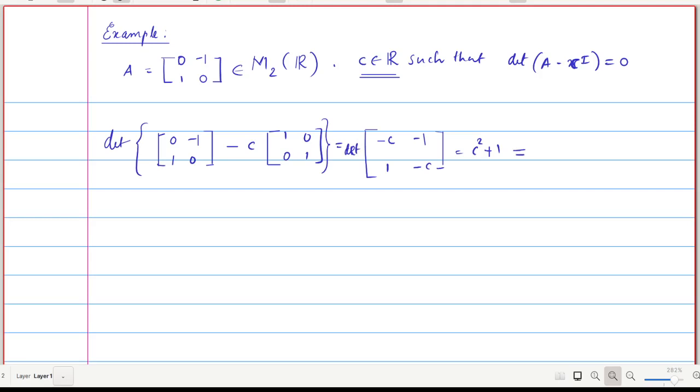But when you equate this to 0, we get that C does not belong to R. This shows that there is no C belonging to R satisfying the condition determinant of A minus Ci is equal to 0. This shows that the matrix A has no characteristic values.